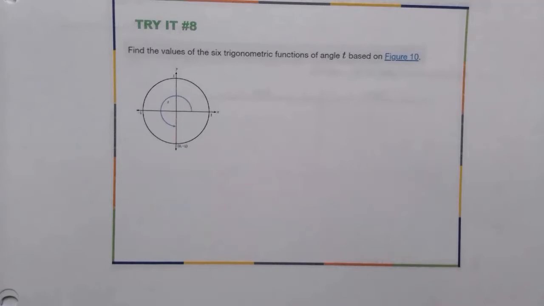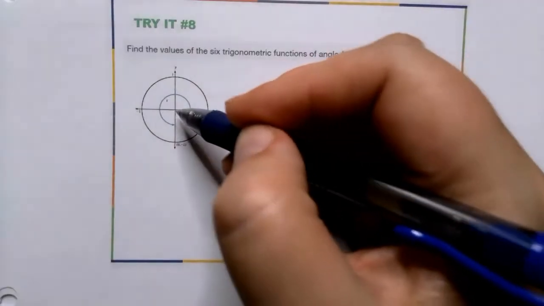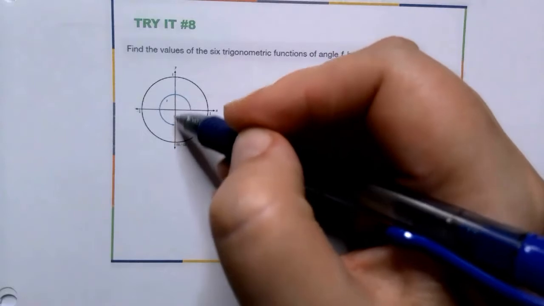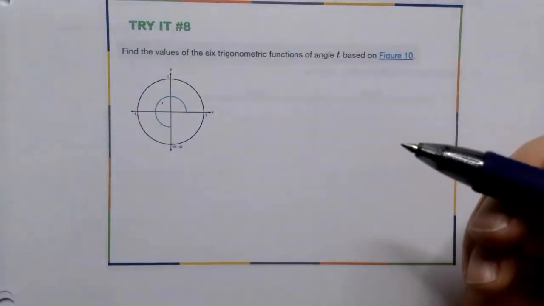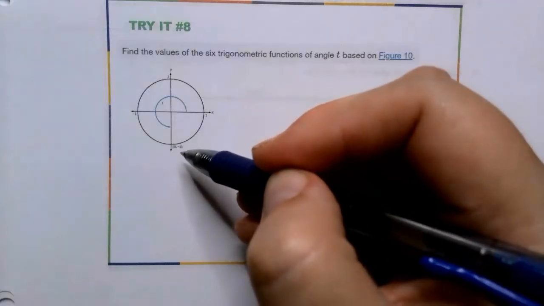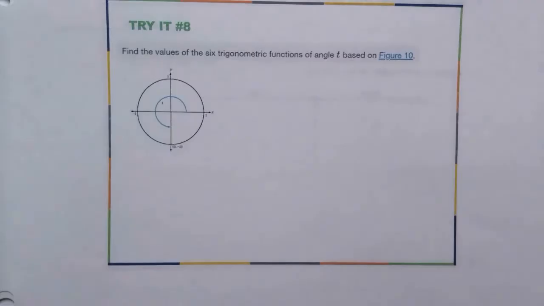And I want you to try this problem by yourself. So we're looking at the 3 pi over 2 angle with coordinates 0 and -1.